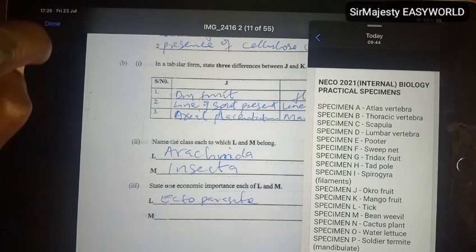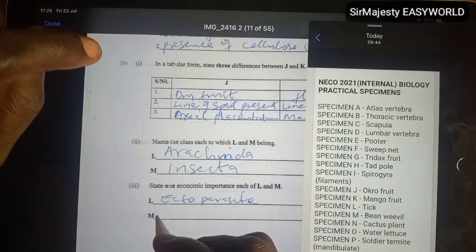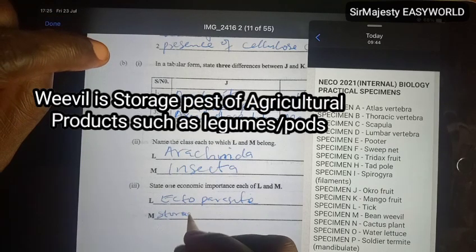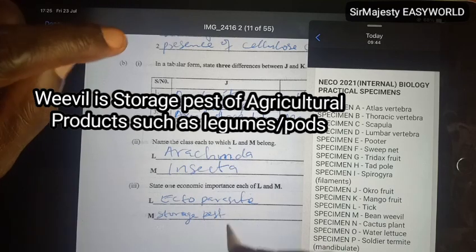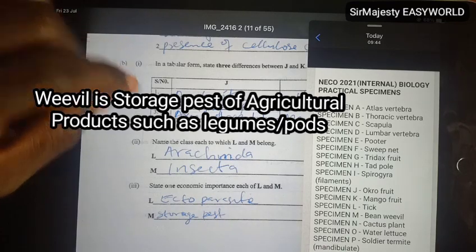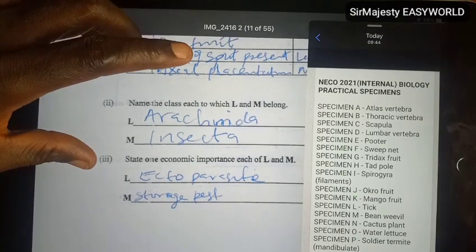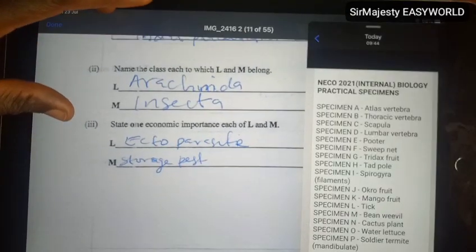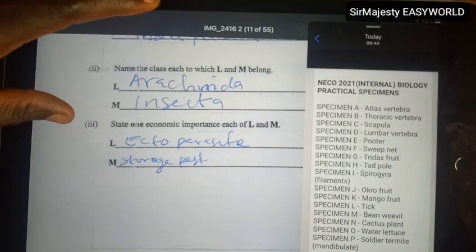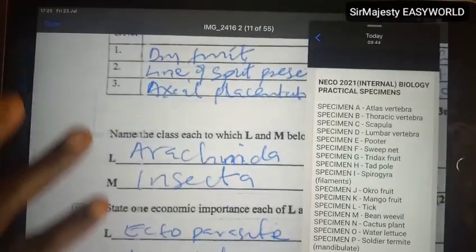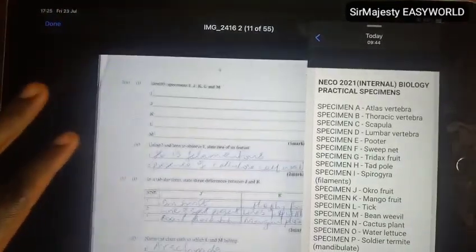The same thing with weevil, which is a storage pest. Storage pests attack grains, of course, storage pests for farmers. Then that's it for this page.